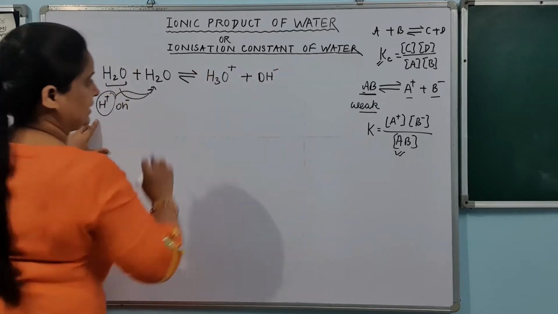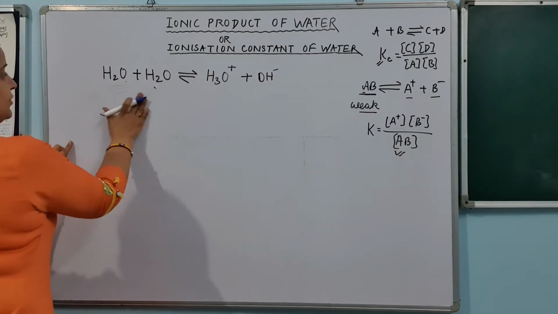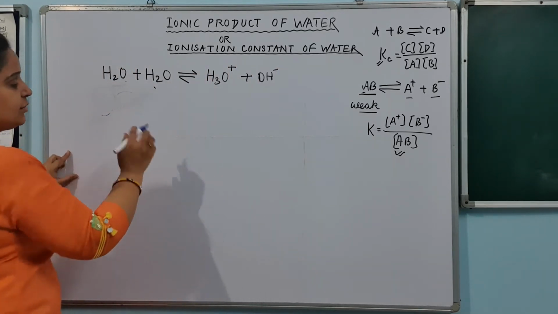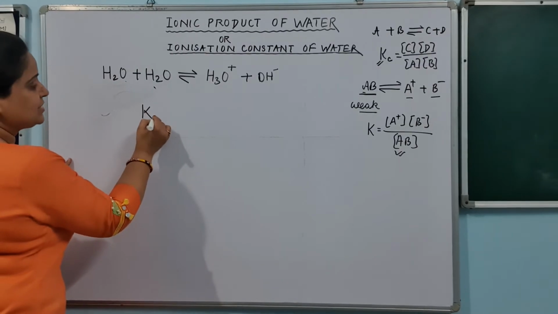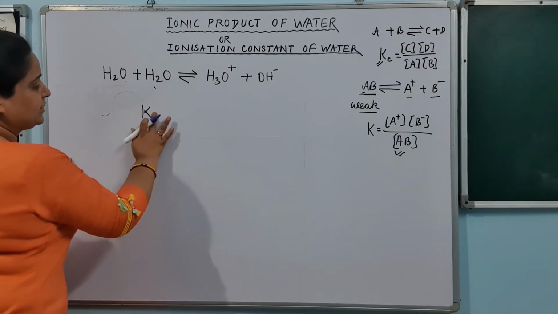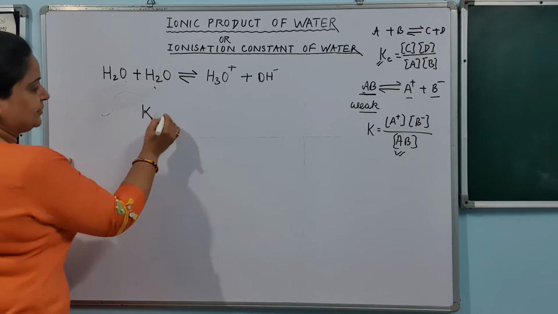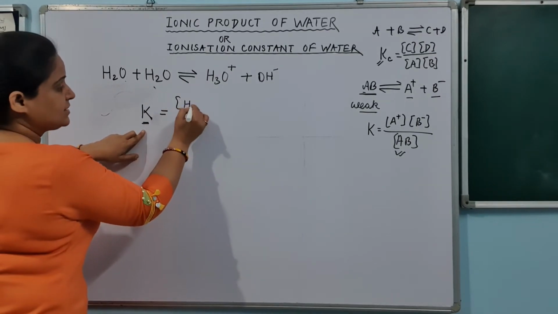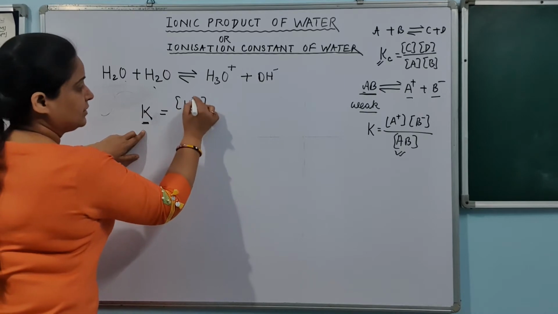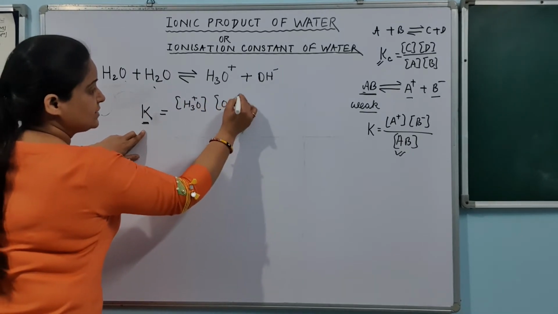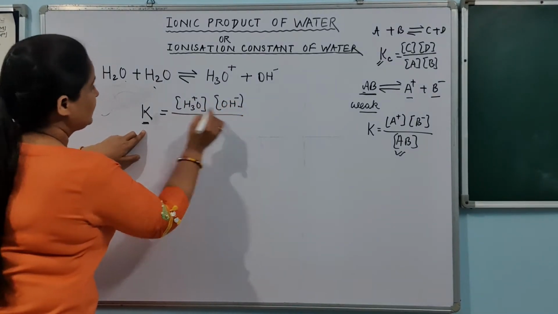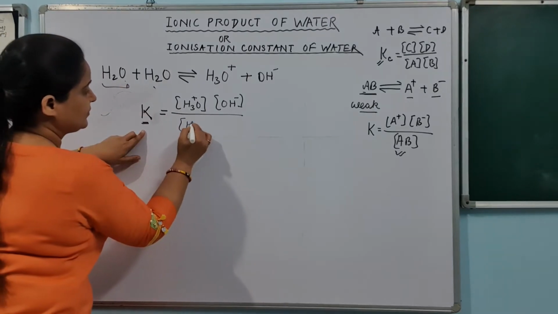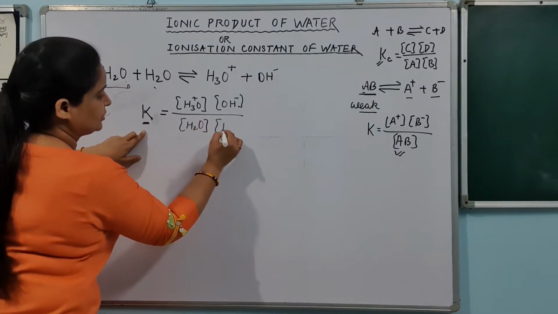OH minus. So if I am considering this equation, and I have to write down the equilibrium constant of the water here, I will write it as K constant, H3O plus ion concentration and OH minus ion concentration divided by water concentration and water.